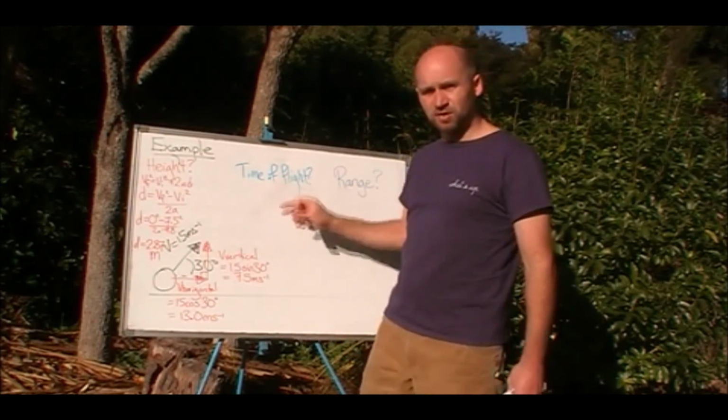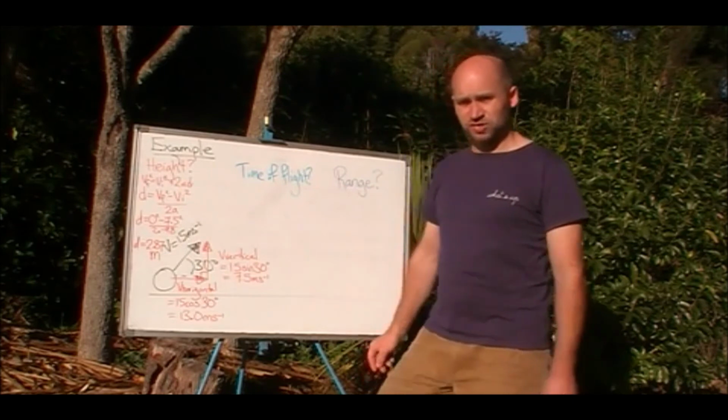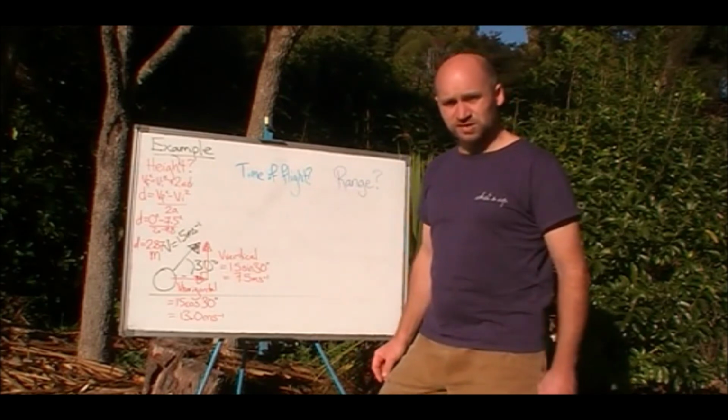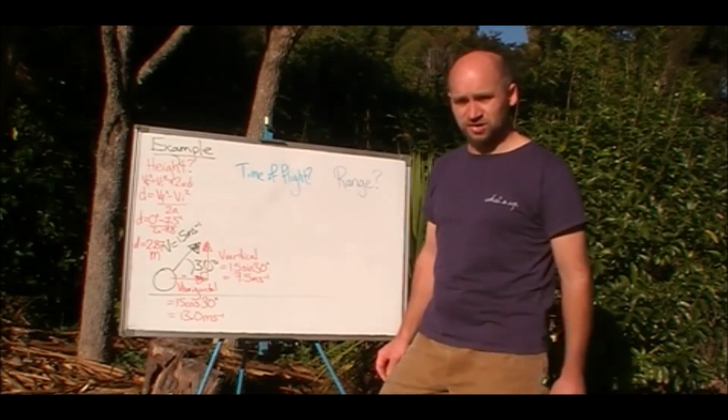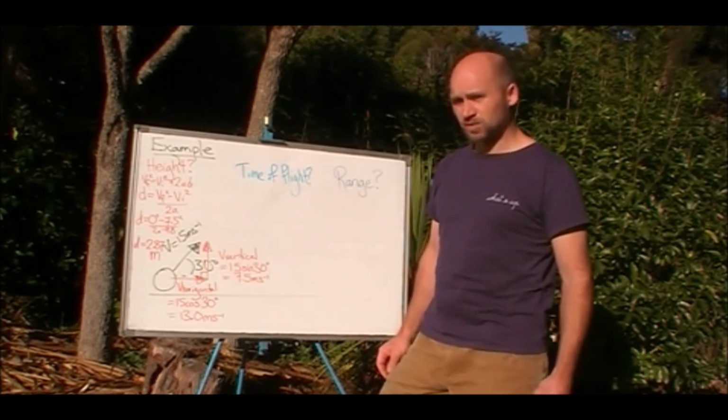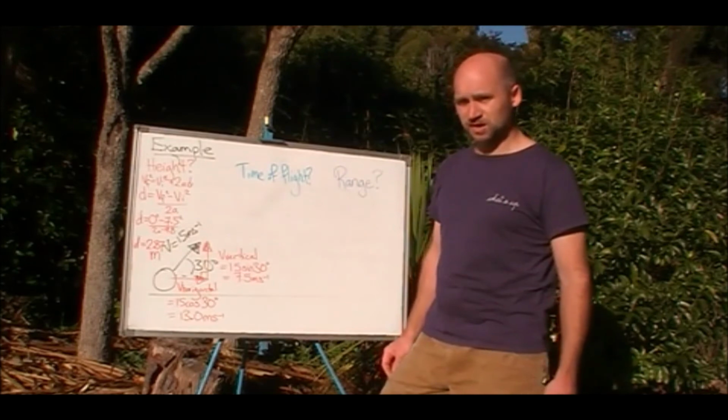Next, time of flight. Now there's a trick to this. The easiest way of doing this is to break the flight in half, and you're just going to calculate the time to get to the top of the flight. So choose a kinematic equation, pause the video, and do that now.